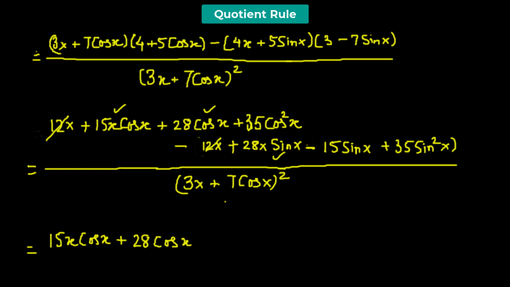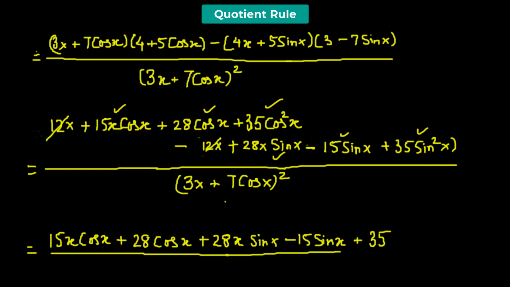Then we have 28x sine of x. And the minus 15 sine of x. Plus, now when we take 35 common, we get cosine squared x plus sine squared x, which is 1. So we'll be left with only 35 here. Whole divided by 3x plus 7 cosine of x whole squared. So this is the derivative of the given function with respect to x.